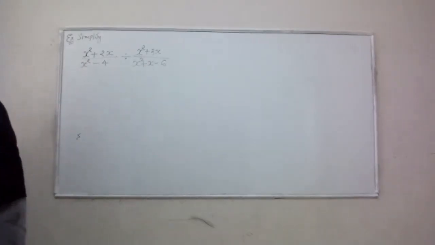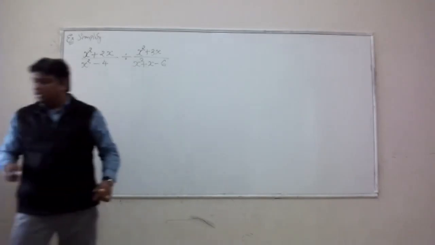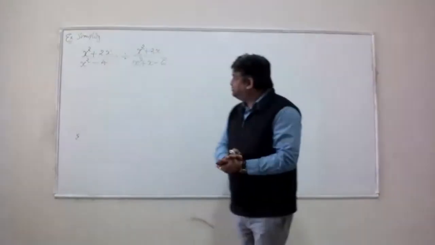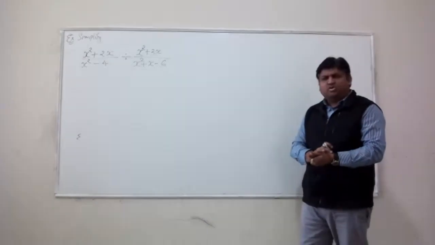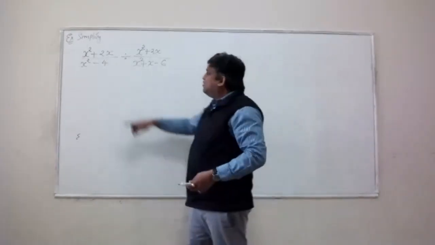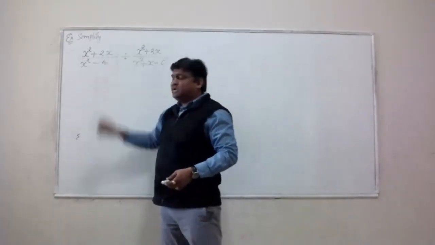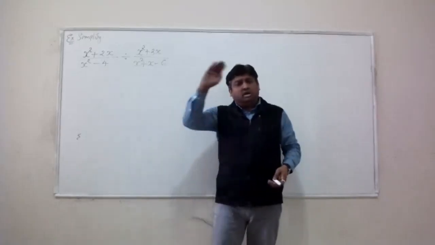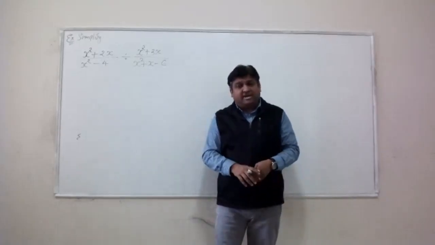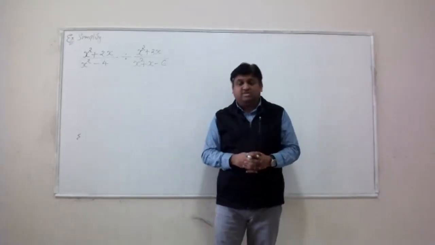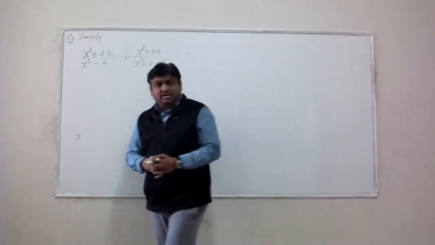All right, let's try this one out. Let's see what happens. My goal is very clear. I want to factorize every single polynomial in the top and the bottom, cross out the repeating factors, and simplify it. Let's do that.